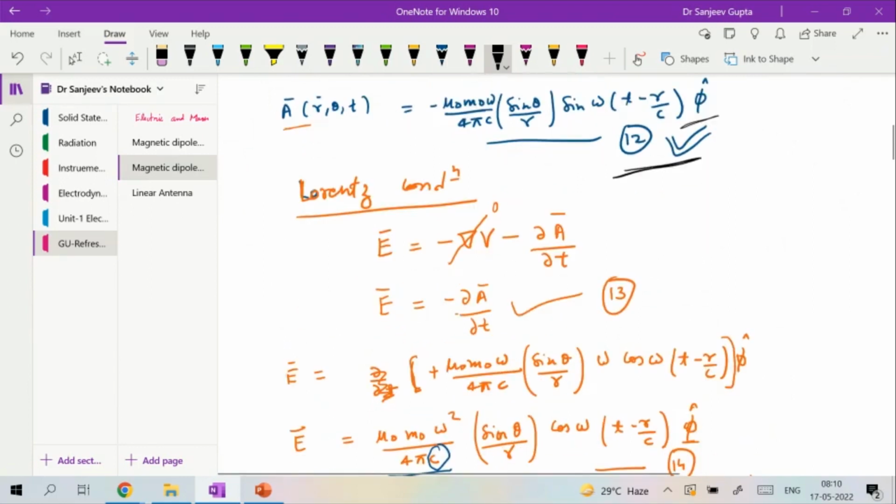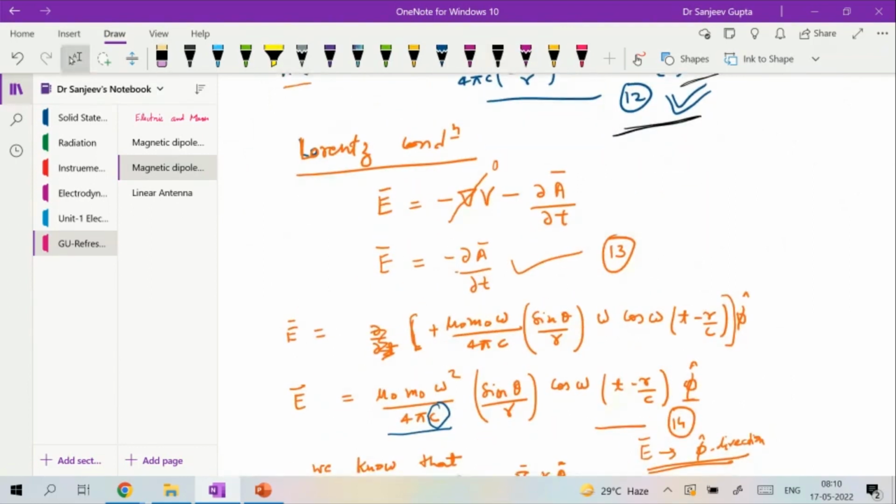Now we can use the Lorentz condition. Because we don't have V, this term goes to zero, so you have only this term. It means the electric field can be calculated when you differentiate with respect to time.